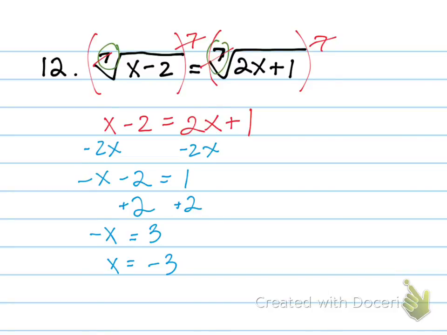You could even check that. So if I want to go back into the original and check, the 7th root of negative 3 minus 2, negative 5, equals the 7th root of 2 times negative 3, negative 6, plus 1, negative 5.